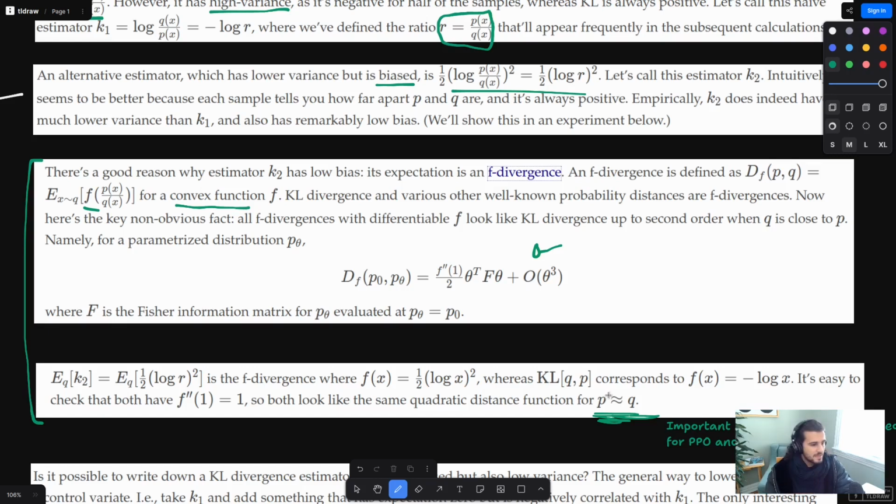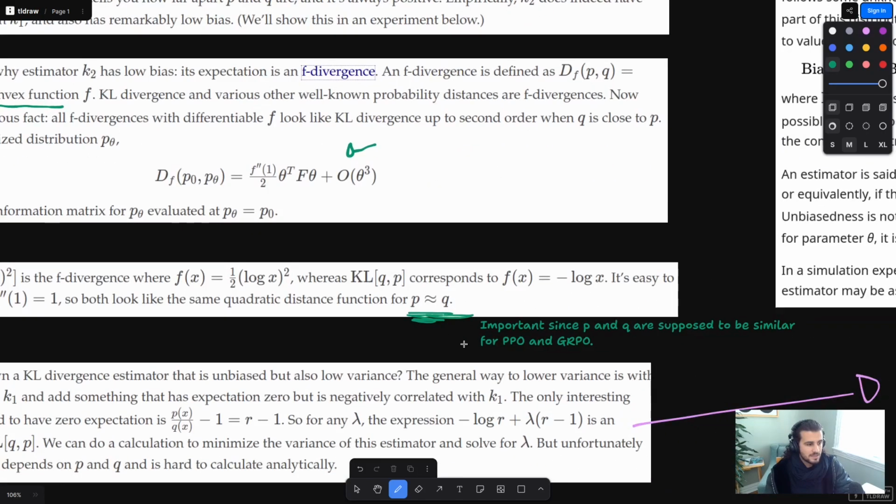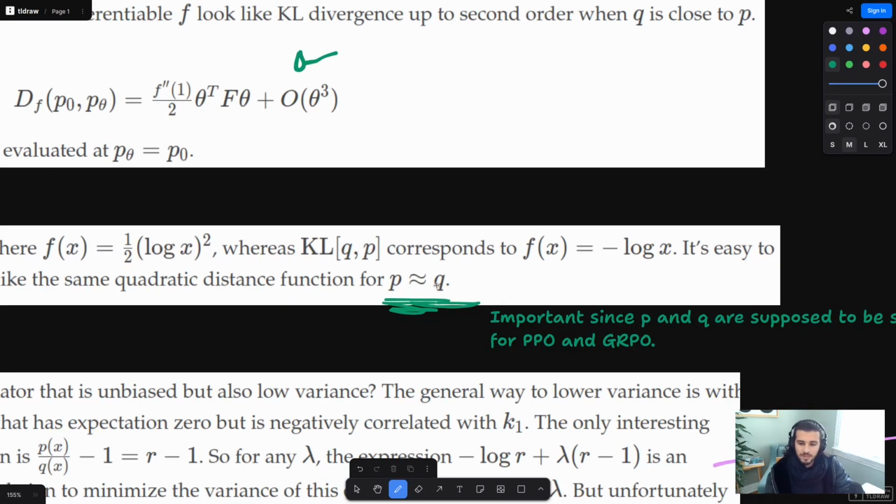And one of them is that if P and Q are pretty similar, then any F divergence function will look like a KL divergence. They will look very, very similar to the two. So this is why this specific quantity will have a lower variance, because it's very close to this if P and Q are roughly similar.